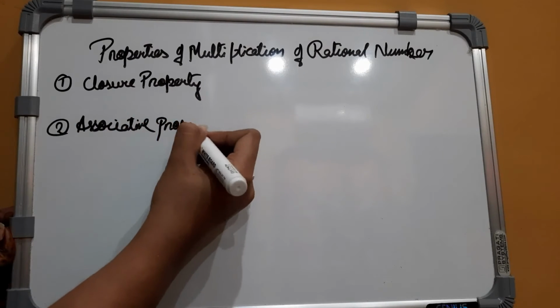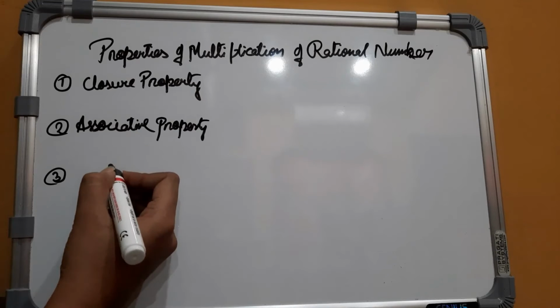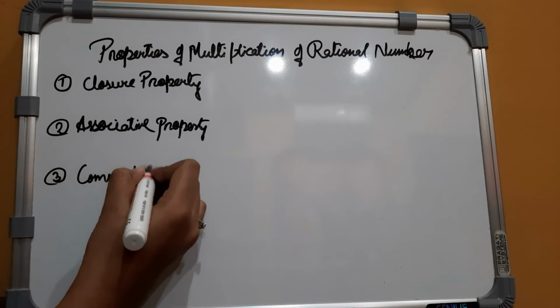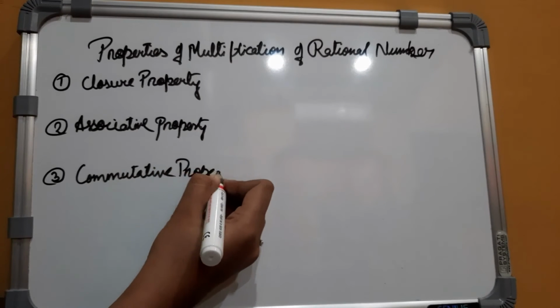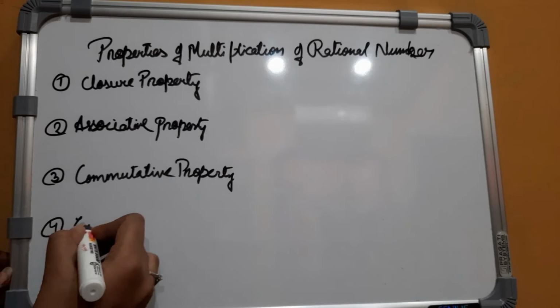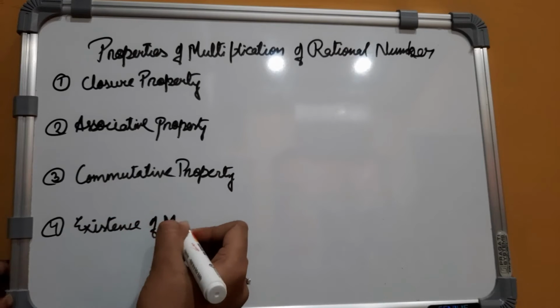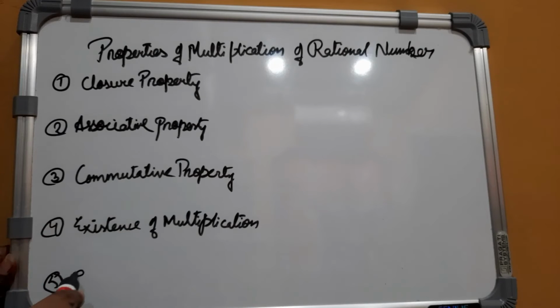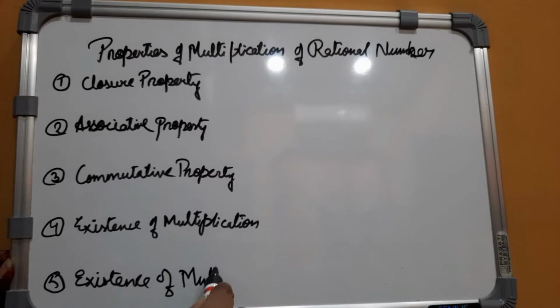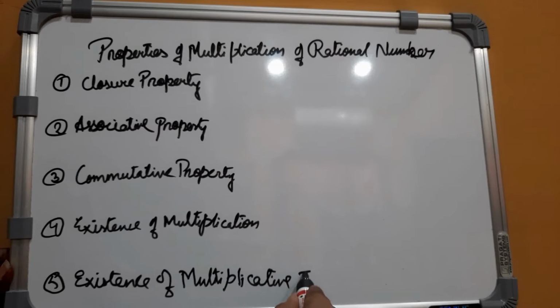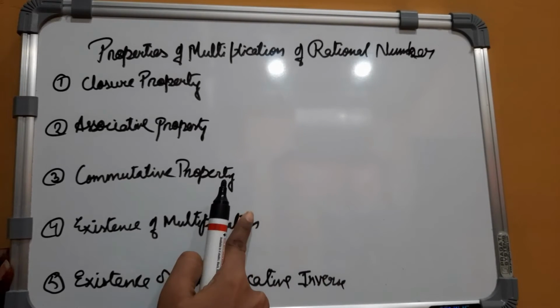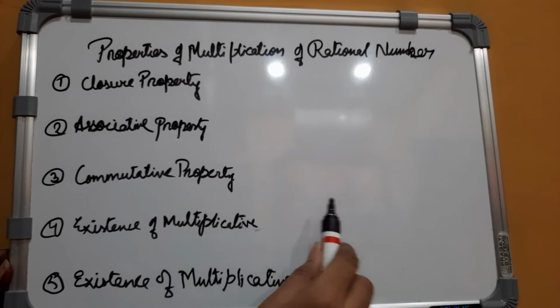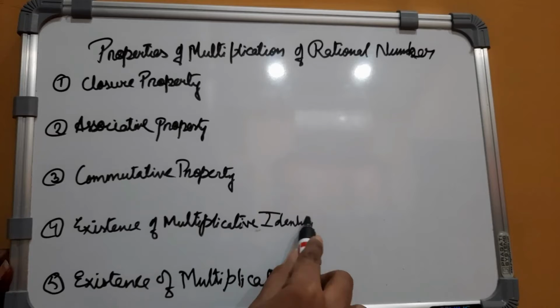The third one will be the commutative property, the fourth one will be existence of multiplicative identity, and the fifth one will be existence of multiplicative inverse. So basically this is the reciprocal, the multiplicative inverse, and that one is also the existence of multiplicative identity. I'm sorry for my mistake.